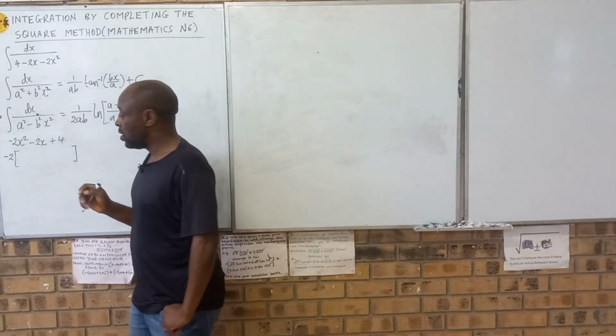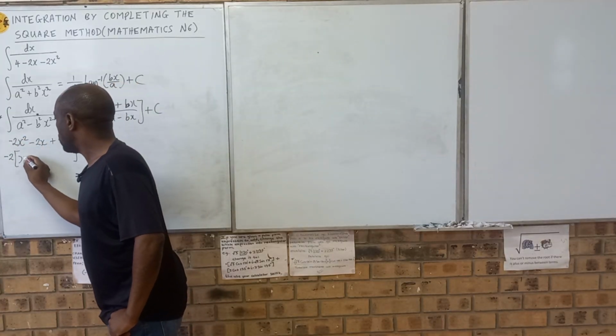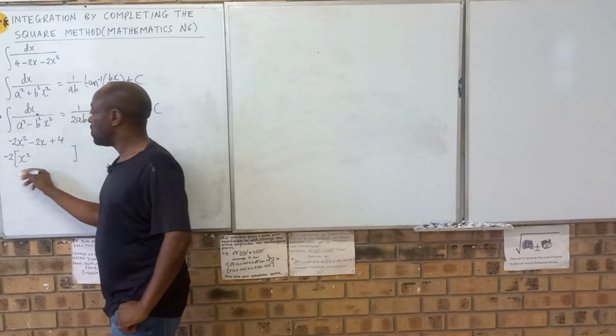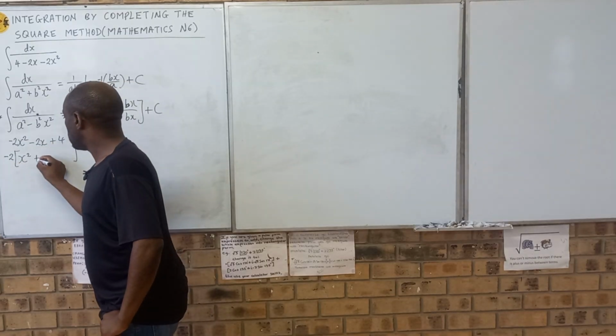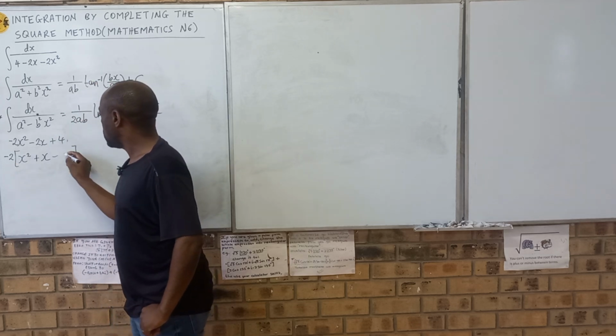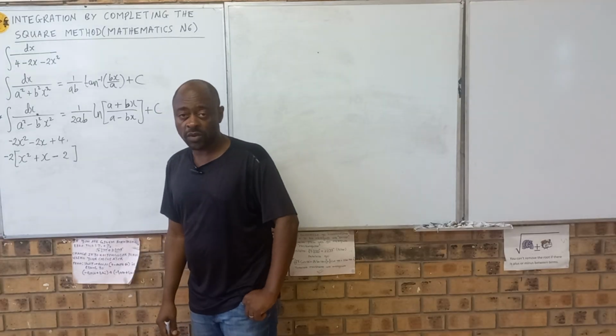So if I take negative x squared divided by negative 1, I will get x squared. Then if I take negative 2x divided by negative 1, I get positive 2x. Then if I take 4, I divide by negative 1, that gives me negative 4. So that's my first step of completing the square.